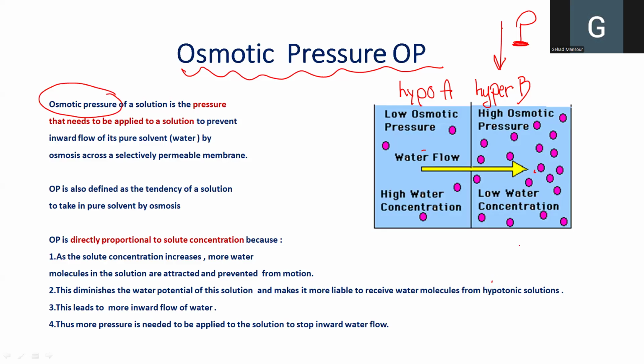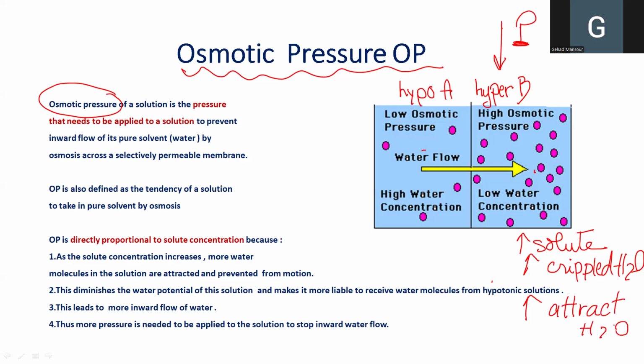Of course, the higher the solute concentration you have, the more crippled water molecules you have. And therefore, the more you attract water. So you need more osmotic pressure to stop that water that's coming to you.